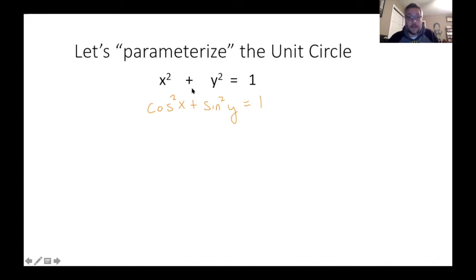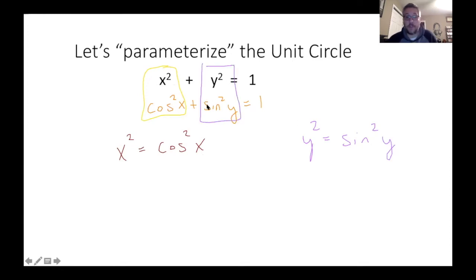So now what I'm going to do is the following. I'm going to take just this equivalence right here, and I'm going to write that out because it's true. x squared is the same thing as cosine squared x, and y squared is the same as sine squared y, if you're looking at these in terms of equivalent components.